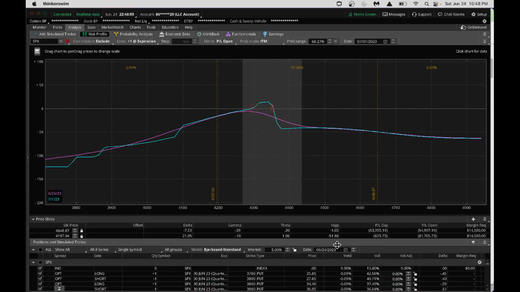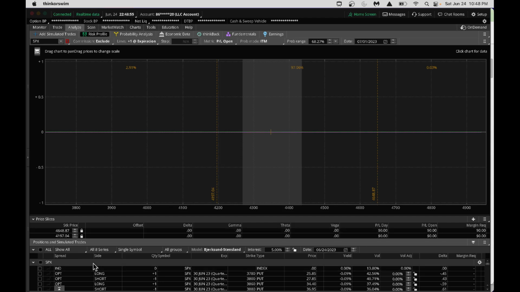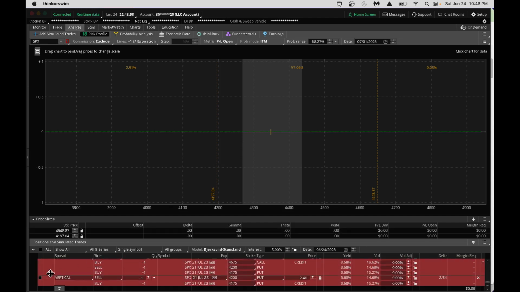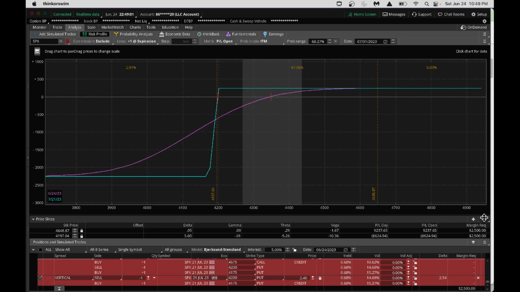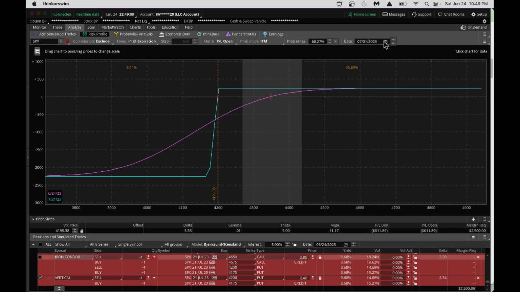All right, so let's remove all these things here and go into our last one here, credit spread. There we go. And we'll set the slice to break even and 721, and we'll go up here and make this 722, which is the day after the expiration.